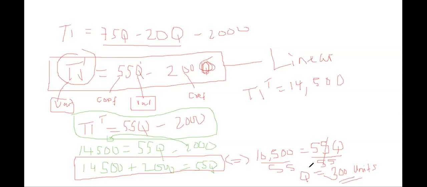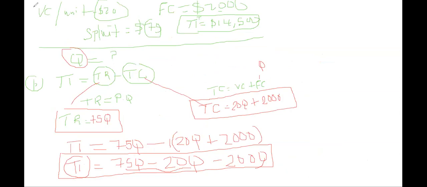So you see how, with some business information, we were able to solve a business problem. This was the information given to us from the business people, but the goal, the problem, was to make a profit of 14,500.